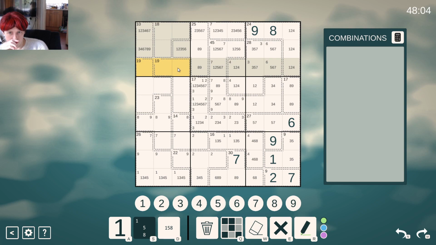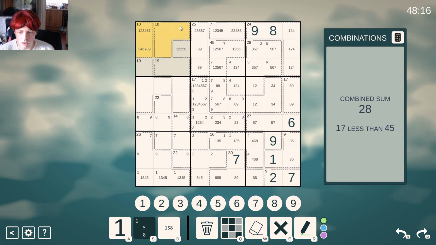None of these is a 7. One of them is an 8 or 9. So 7 is definitely amongst those 5 cells.